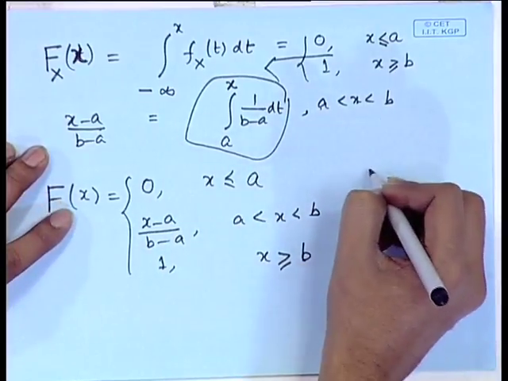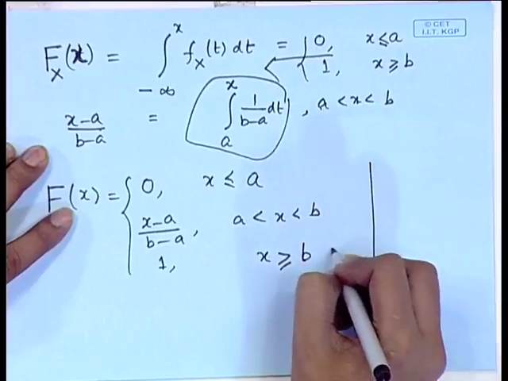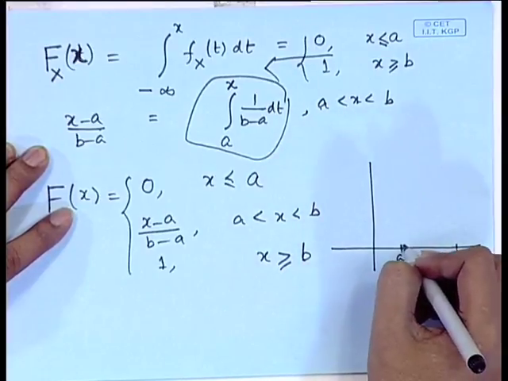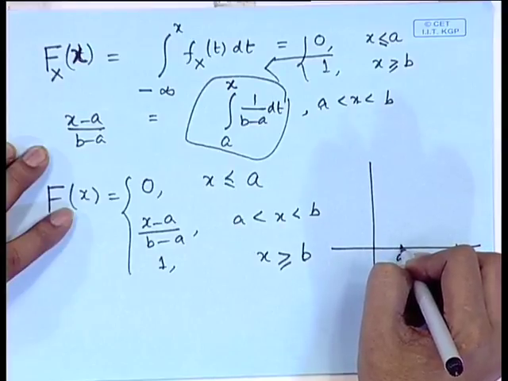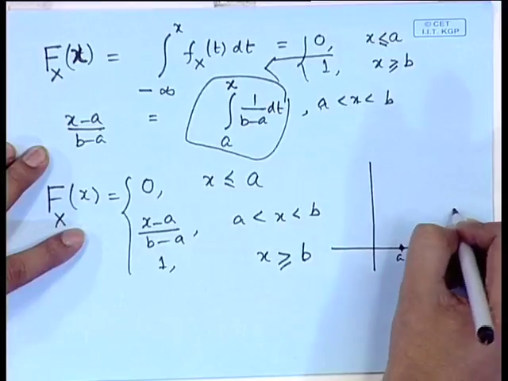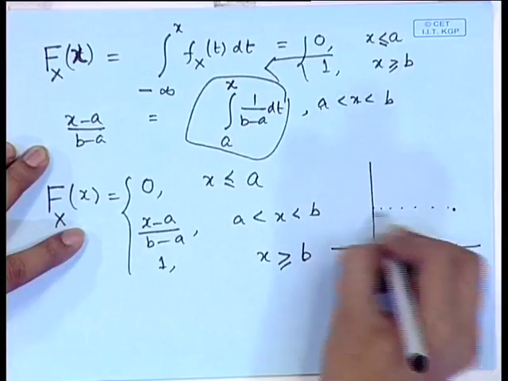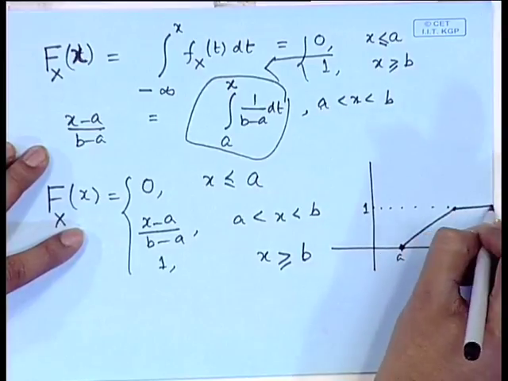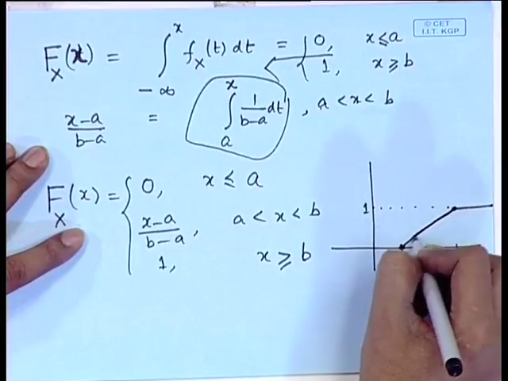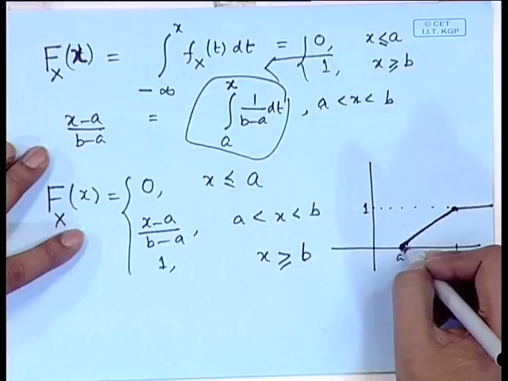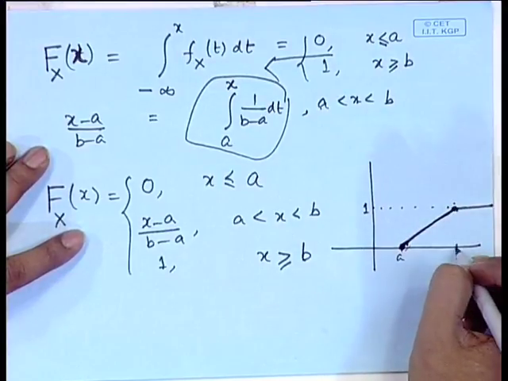If we plot this, suppose a is here and b is here. Up to a it is 0, from a to b, suppose this is the value 1 here, it is a line, and thereafter it becomes 1. So, it is a straight line joining the point 0 to 1 here.